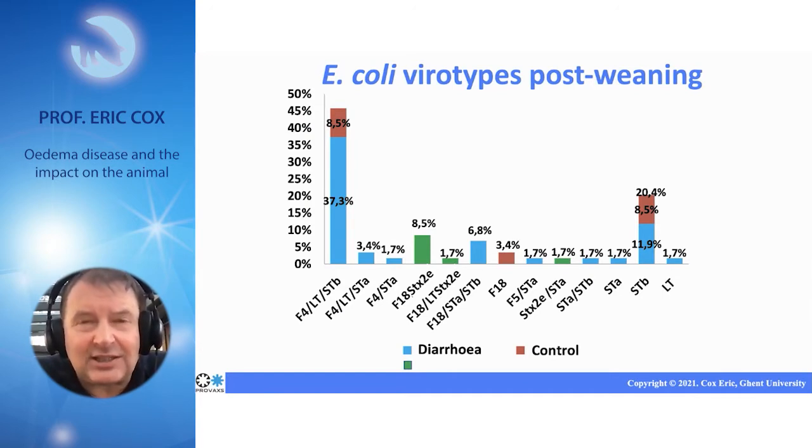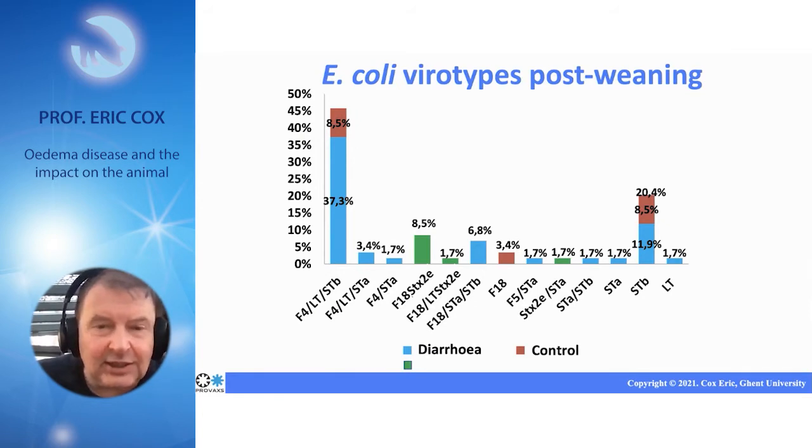So this makes it extremely complicated. This is not always the case. Sometimes only 1 or 2 of these virotypes are present on farms, but on other farms it's a complex mixture of virotypes.